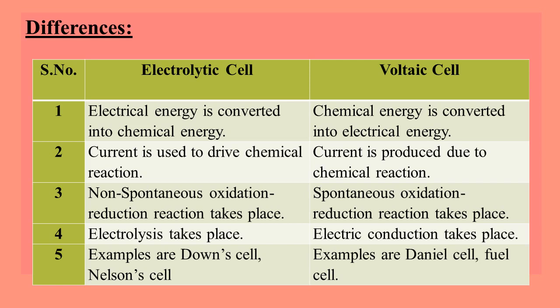Means in electrolytic cell breakdown occurs, while in voltaic cell only the current will flow through the electrolyte. The examples of electrolytic cells are Downs cell and Nelson cell, while the examples of voltaic cell are Daniell cell and fuel cell.